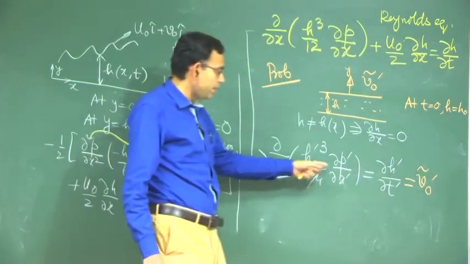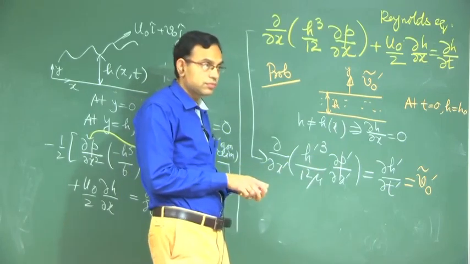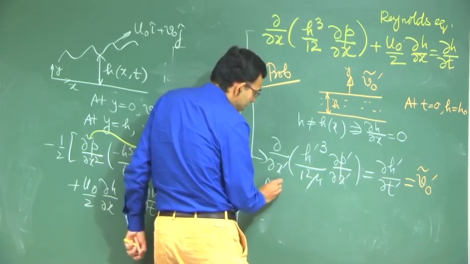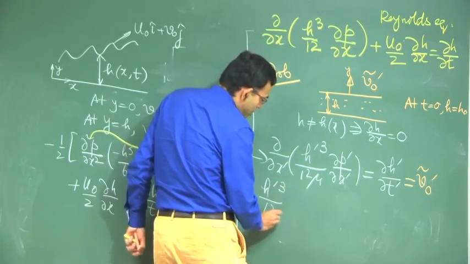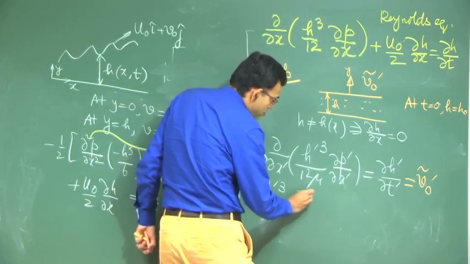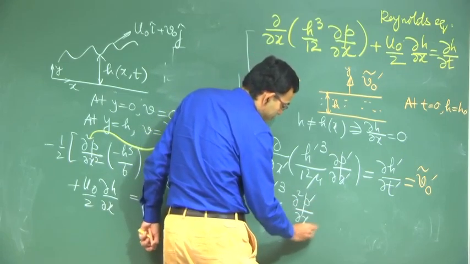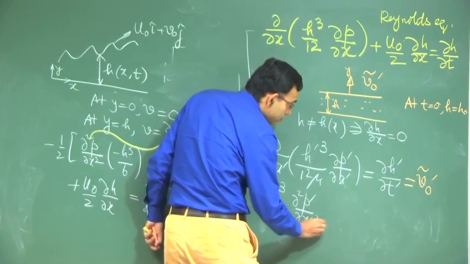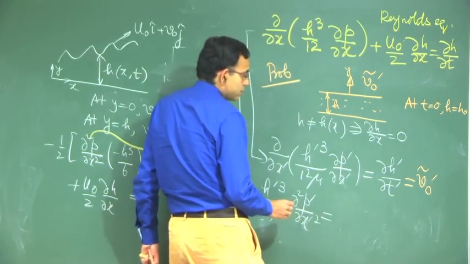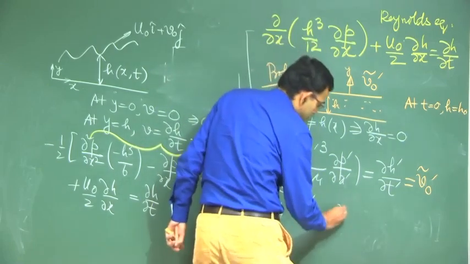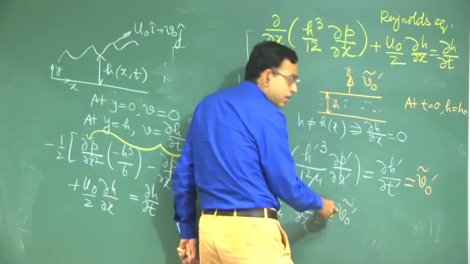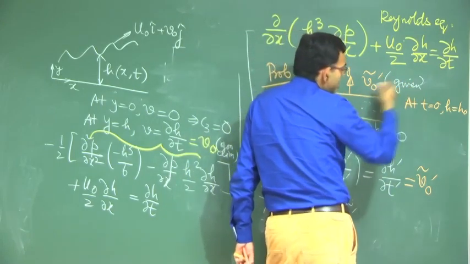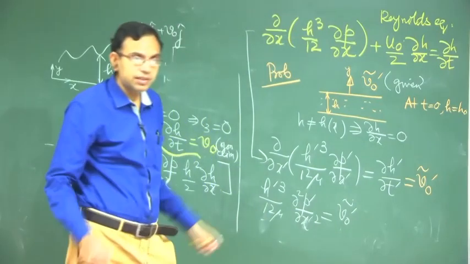So this is, and h not being a function of x, you can bring it out of the derivative. So h dash cube by 12 mu. This velocity is constant, it is given that your objective is to pull the plate with a constant velocity, that is your objective.